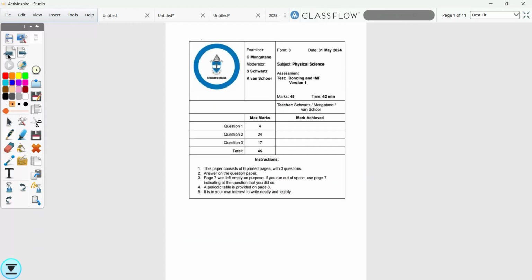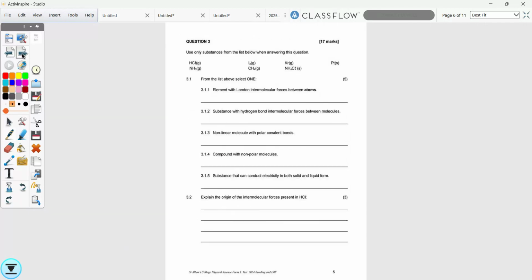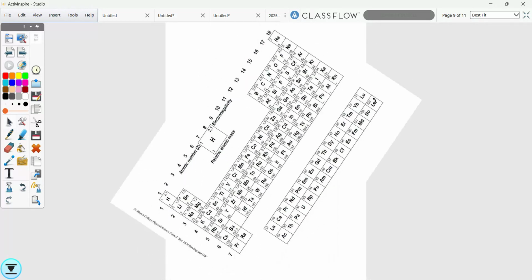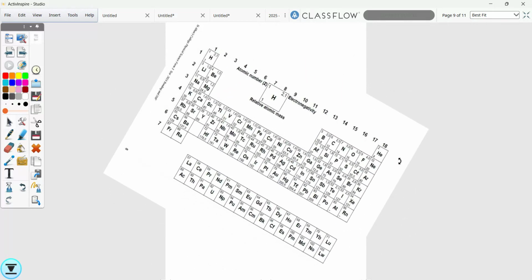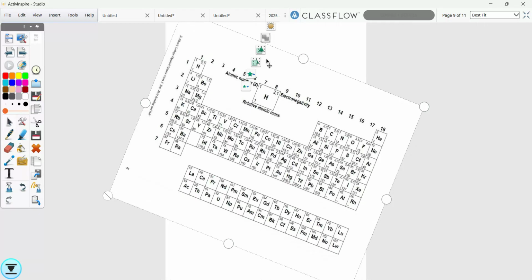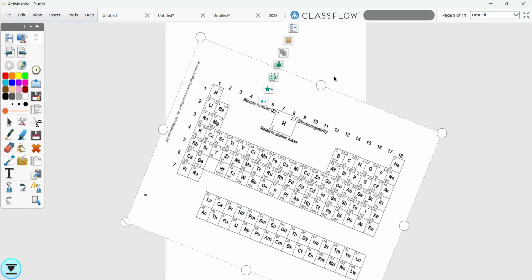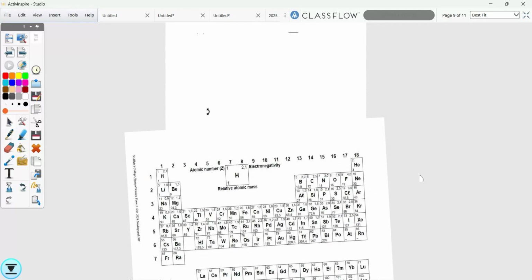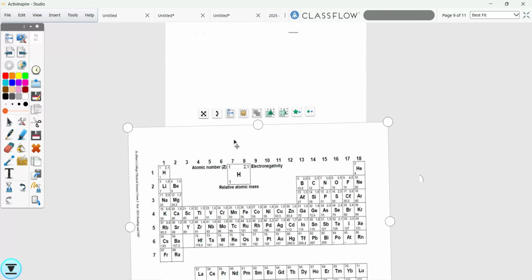If we look at our periodic table, where was this given? I think it's at the end of the test. Remember, when you're deciding if it's a transition metal or not, you have to put the aluminium roof on.